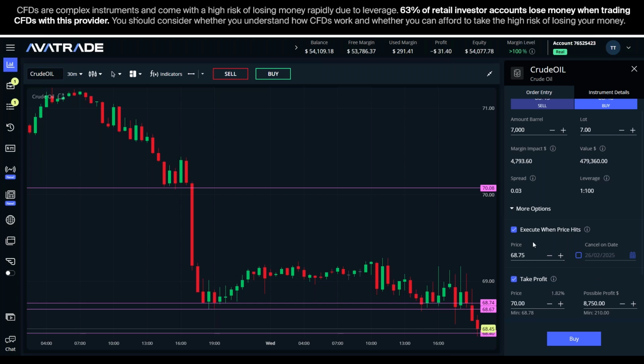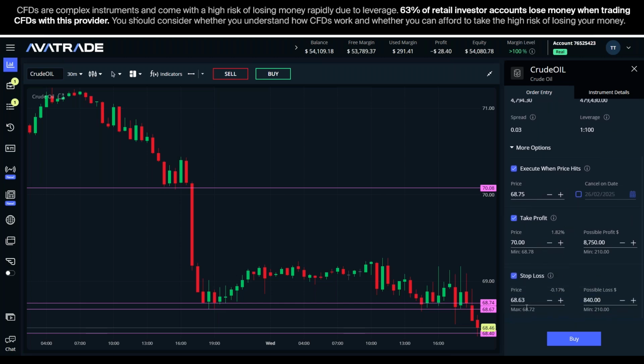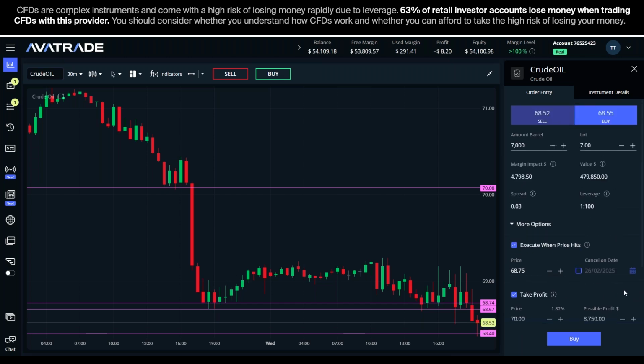Okay, so entry on a buy, 68.75, take profit 70. Stop loss, 68.63. My potential profit is 10 times my risk. Okay, risking 840 to make 8,750. Now I can adjust my trade size.